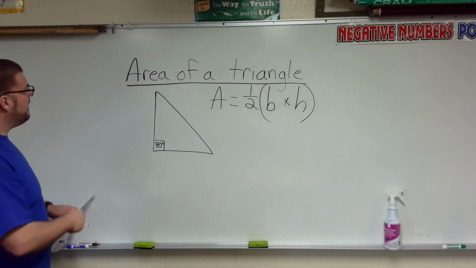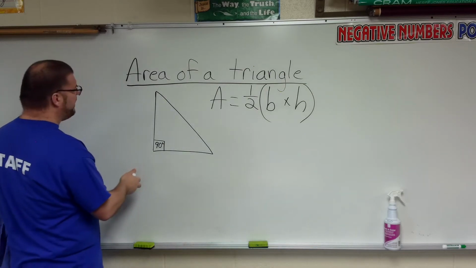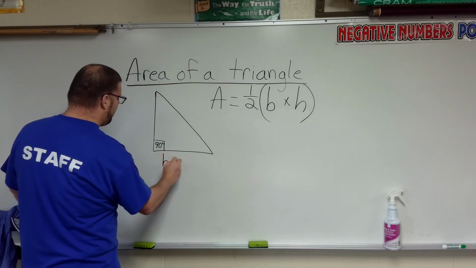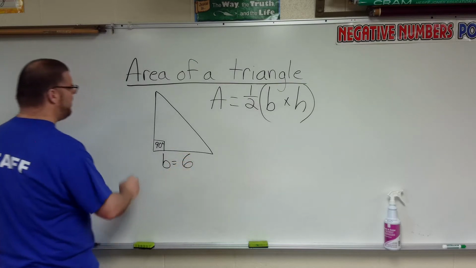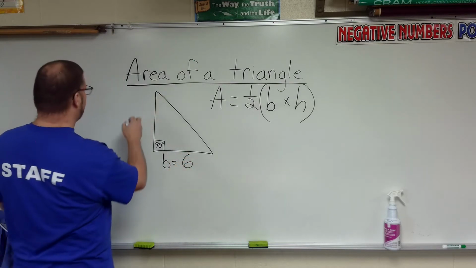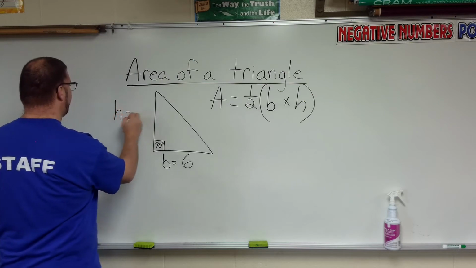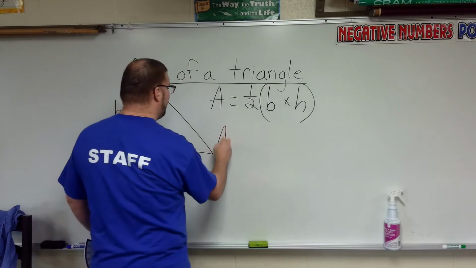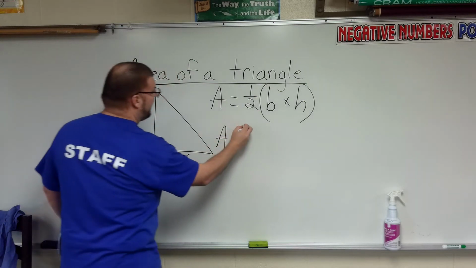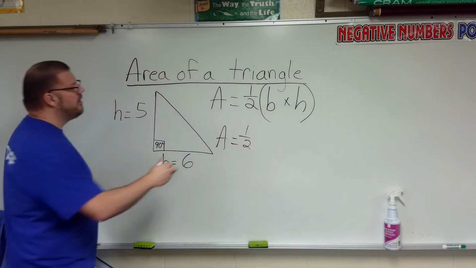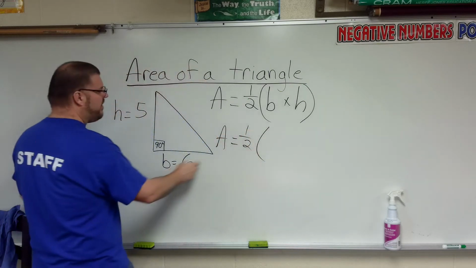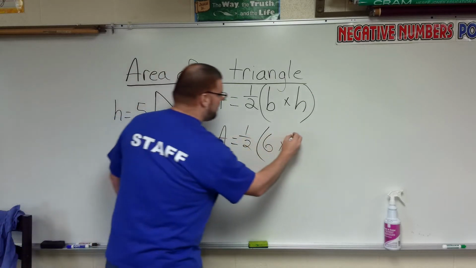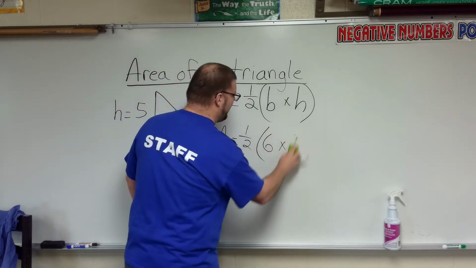Okay? Now, in this one, obviously down here, we'll say this is a base. Here's my base. We'll say this is 6 units. And, height, let's say height is 5 units. So my height equals 5. So in this situation, area equals the base, 1/2, right? 1/2, don't forget the half, Mr. William. 1/2, base was 6, height is 5.